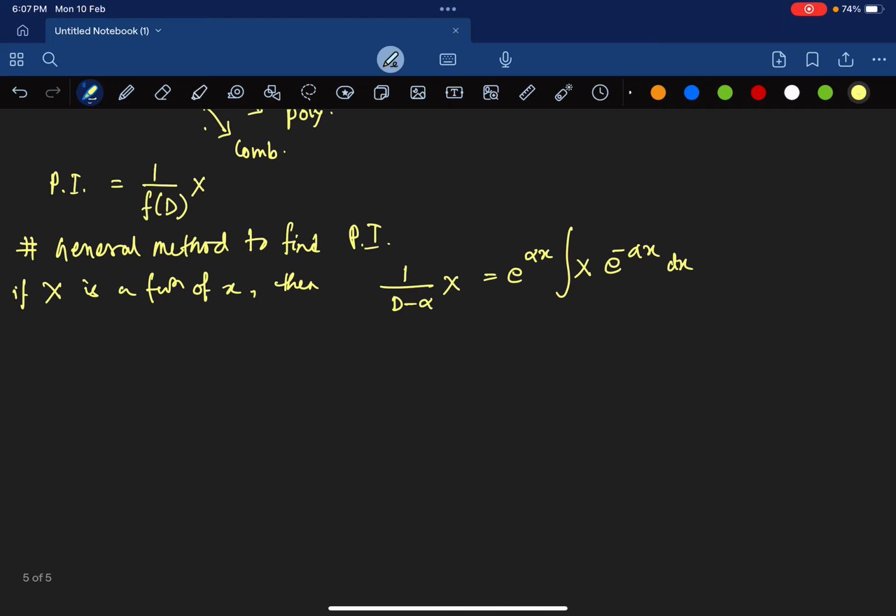If you want to get the idea of where we are getting this formula from, you can note this.